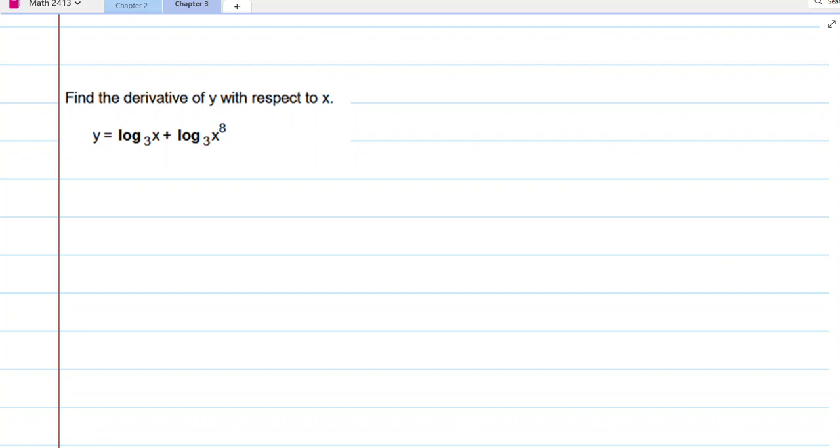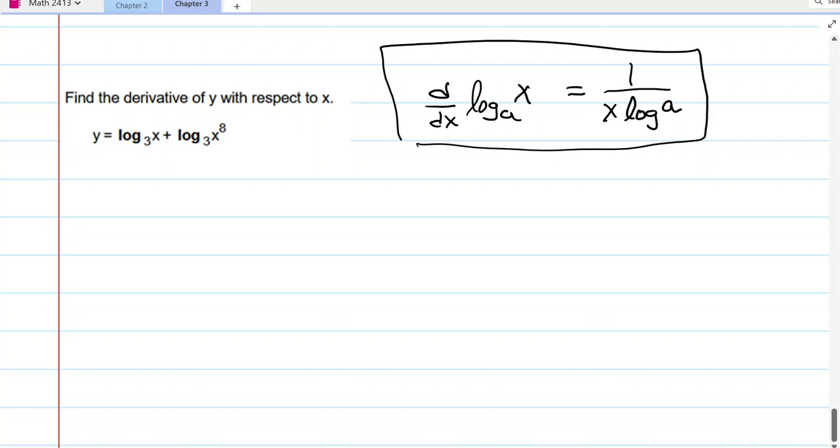All right, so the rule is d/dx of log base a of some unknown value is, again, a reciprocal value, 1 over x log a of that number. And now we're going to add the du if the argument of x has a variable or exponent. All right, so this is our derivative rule.